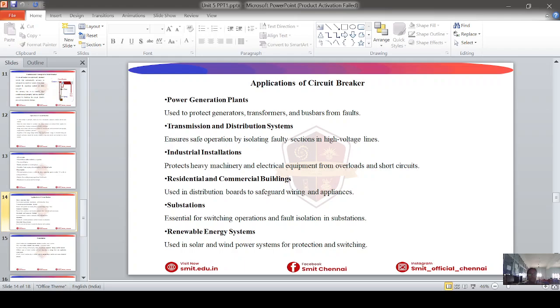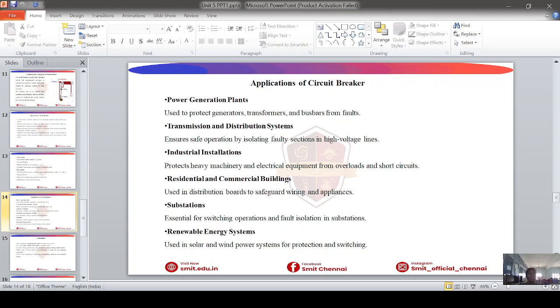Applications of circuit breakers. Used in power plants. In power generation plants, used to protect generators, transformers, and bus bars from faults. Then, in transmission and distribution systems, ensure safe operation by isolating faulty sections in high voltage lines. In industrial installations, the circuit breaker protects heavy machinery and electrical equipment from overloads and short circuits.